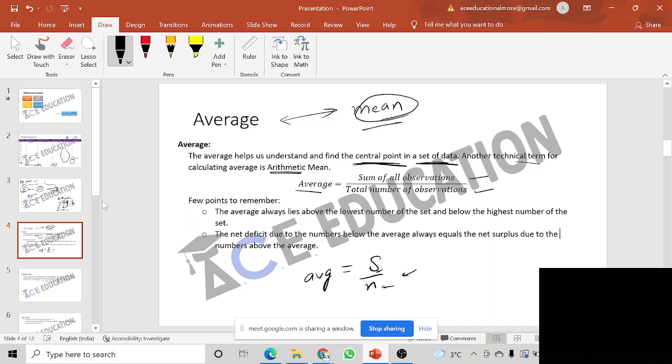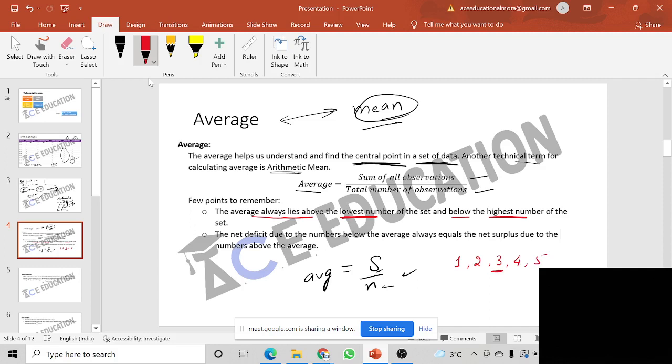But the important part is the next points I've put in, and we'll be doing each and every question based on these points. The important characteristic of the average is that it always lies above the lowest number and below the highest number. For example, if I take numbers 1, 2, 3, 4, 5, by looking at it I can say that the average is 3, correct?